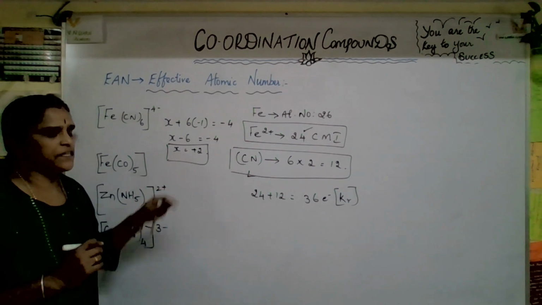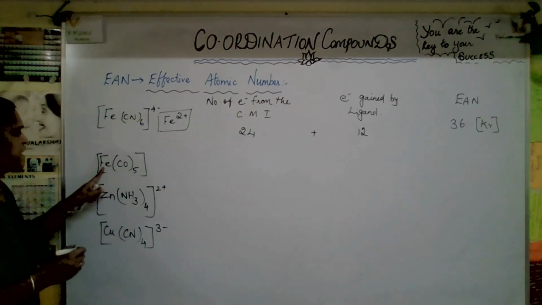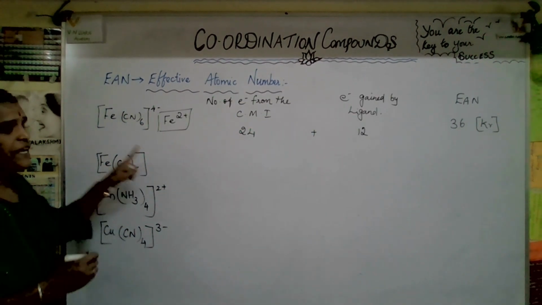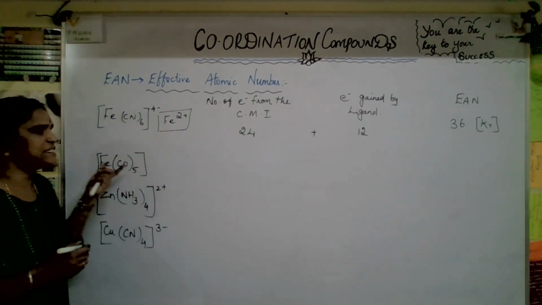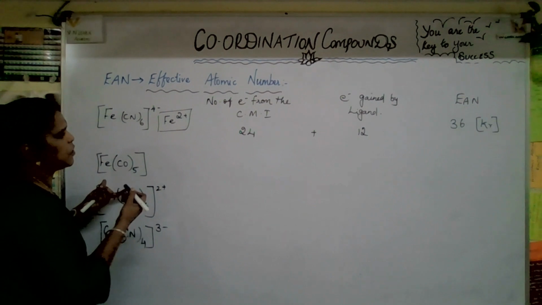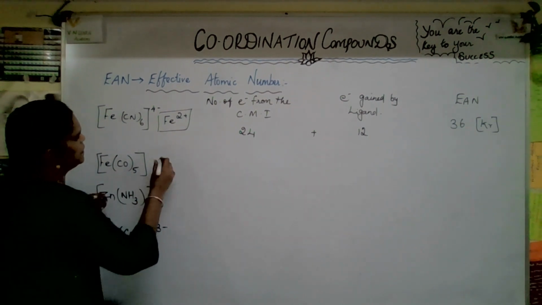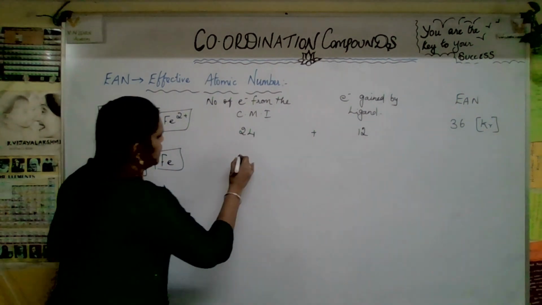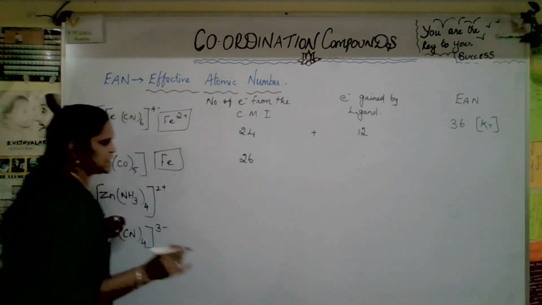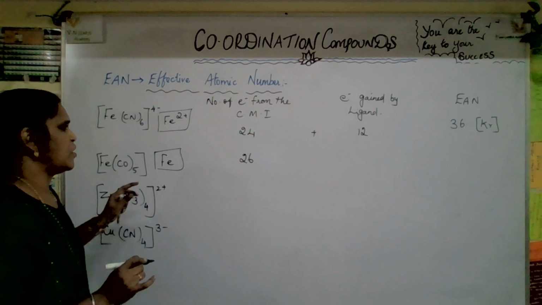Hope you are clear with it. Now the next one, Fe(CO)5, oxidation number 0, naturally, because it's a neutral complex. So here Fe only will be coming. In the central metal, how many electrons will be available? 26, as it is according to the atomic number.